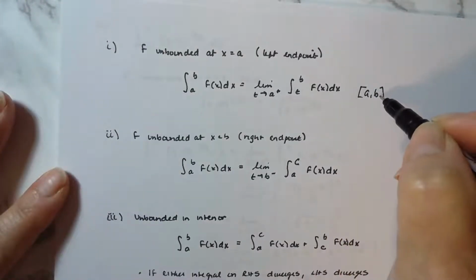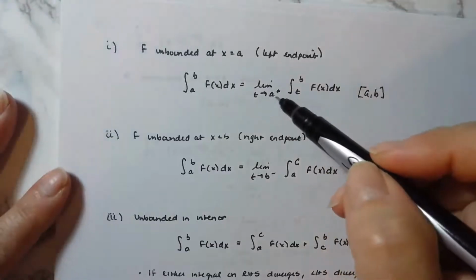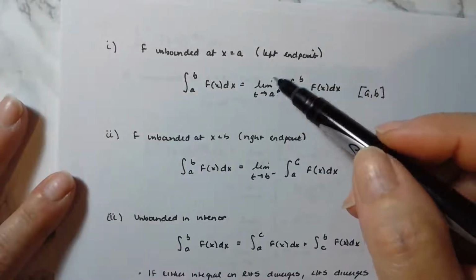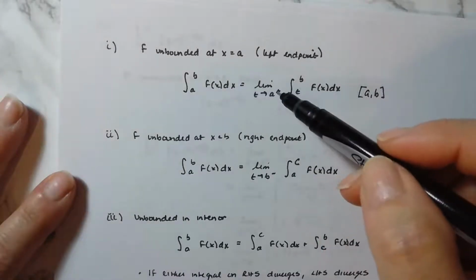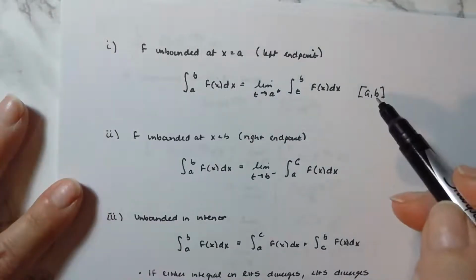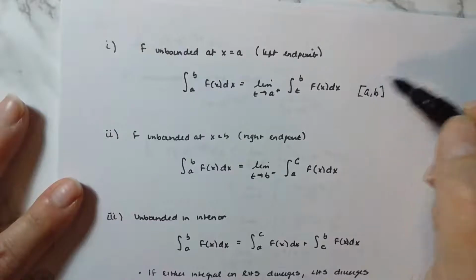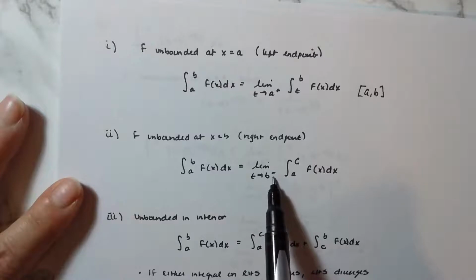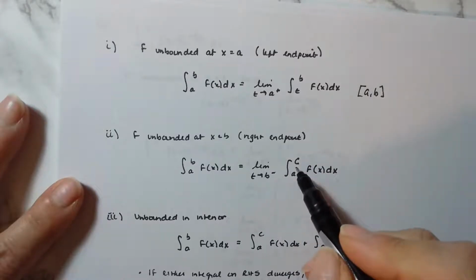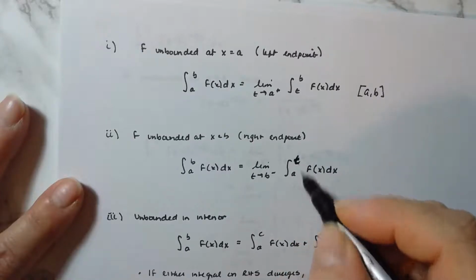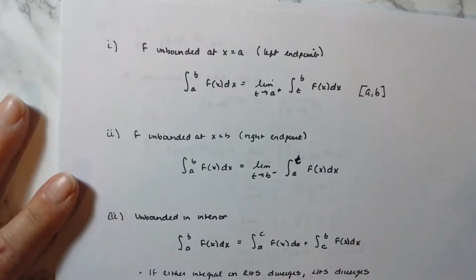We're going to come in from the right toward a, and we're going to replace that weird number with a t. If we're unbounded at the right endpoint, then we're going to come in from the left. So we approach that right endpoint from the left. And again, you can say this is the integral from a to t. You can call it a to b. You can call it whatever you want.